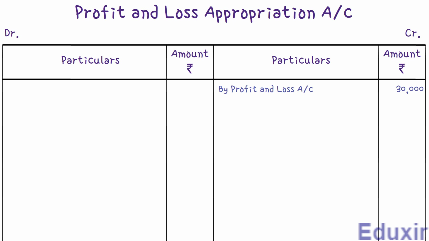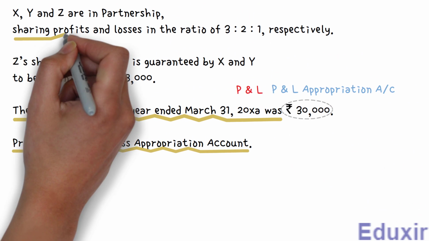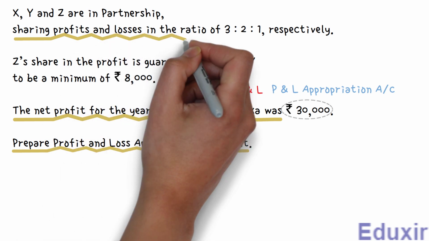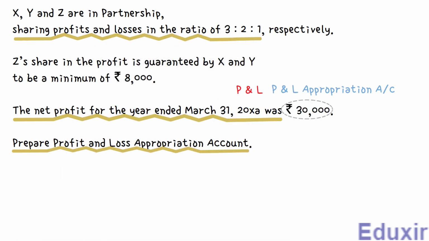Now, as we have already discussed, this problem is totally about distributing the net profit to the partners. So, there will not be any other entry in the profit and loss appropriation account and we can directly jump to the distribution of the net profit among the partners. Also, it is given in the problem that the partners share their profit in the ratio 3:2:1. Let's now calculate the share of the net profit for each partner as per this ratio.